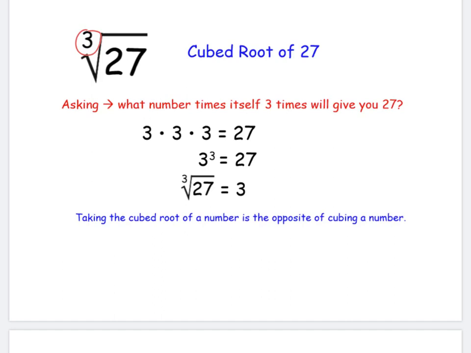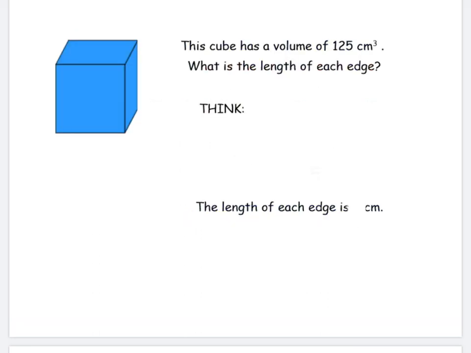Because if squares are the opposites of square roots, then cubes are the opposite of cube roots. So it's asking you what number times itself 3 times is going to give me 27. Well, we know that's 3, because 3 times 3 times 3, or 3 cubed, is 27. So the cube root of 27 is 3.